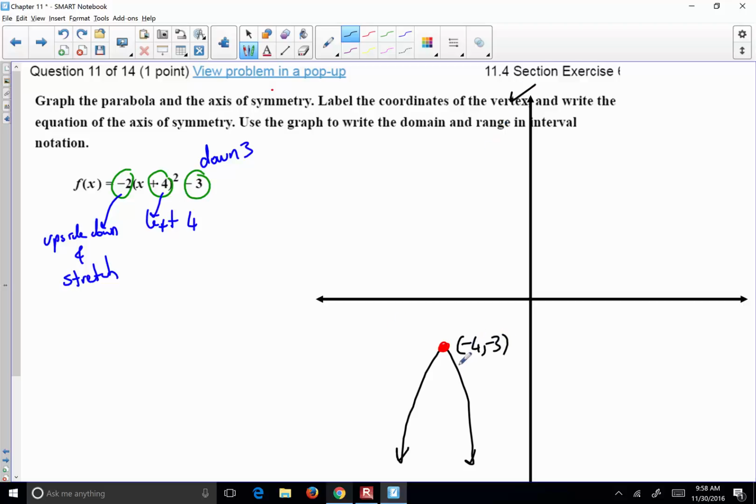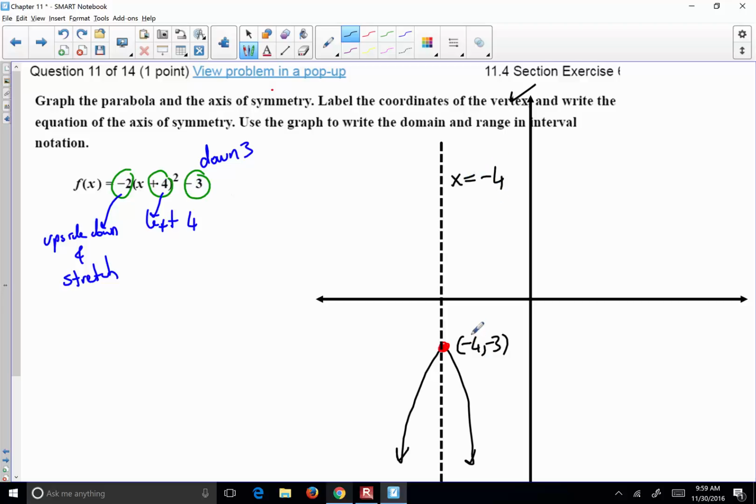How about axis of symmetry? We need to show that. Here is the axis of symmetry. Can somebody help me write it? X equals, what is it? -4.